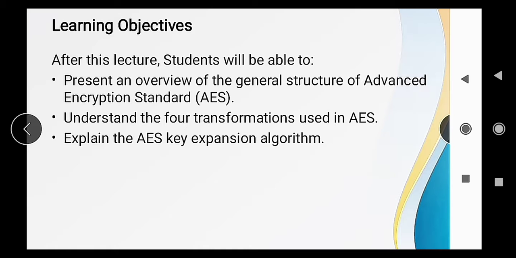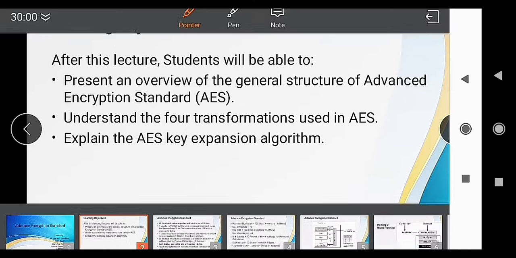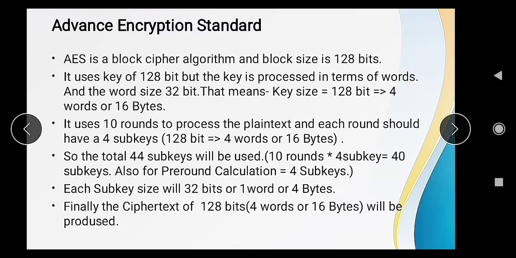Now we start with the topic, that is the Advanced Encryption Standard. As we know, AES is a block cipher technique, so we use a block of 128 bits as input, and it produces a 128-bit output, that is the ciphertext.